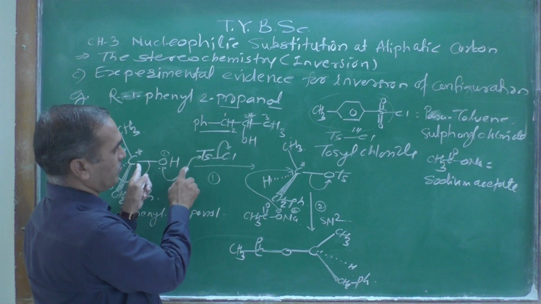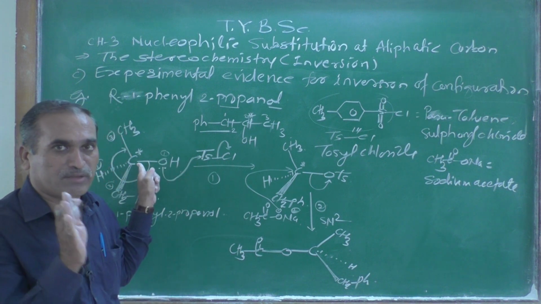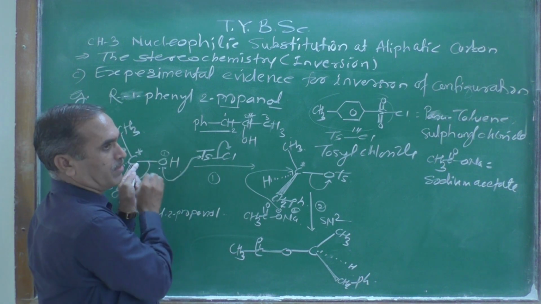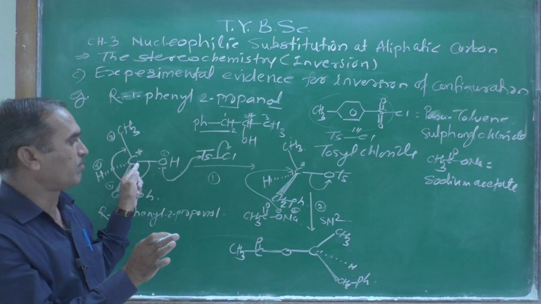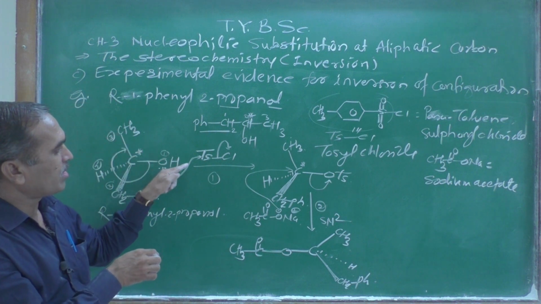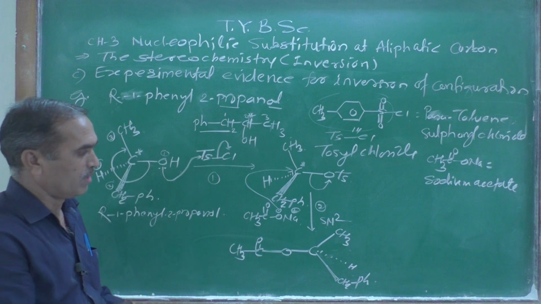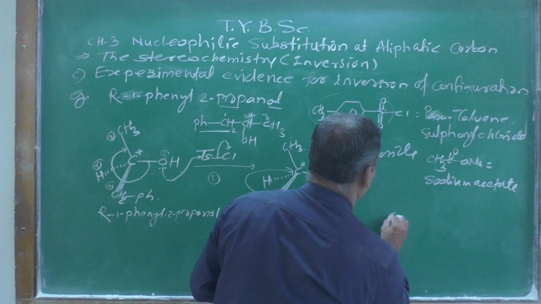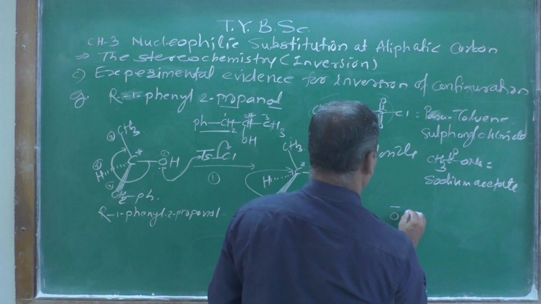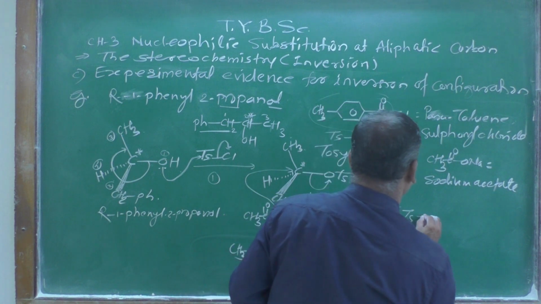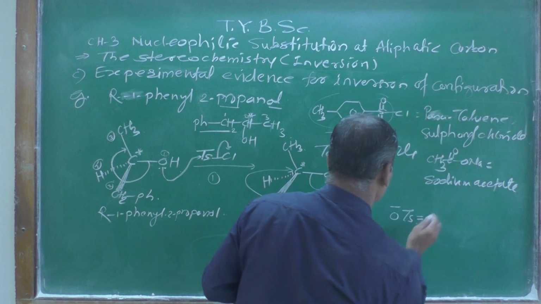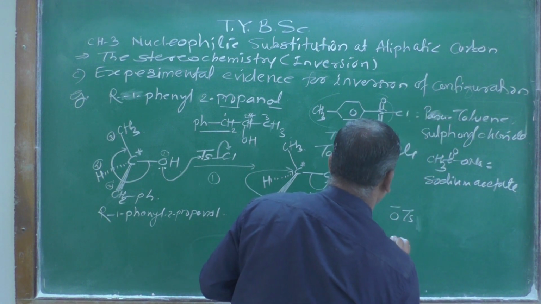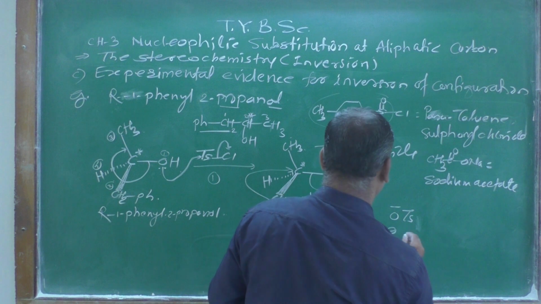Only we are converting the bad leaving group, OH, into a good leaving group. Now the leaving group departs here as OTs, which is nothing but the tosyl group with O minus.